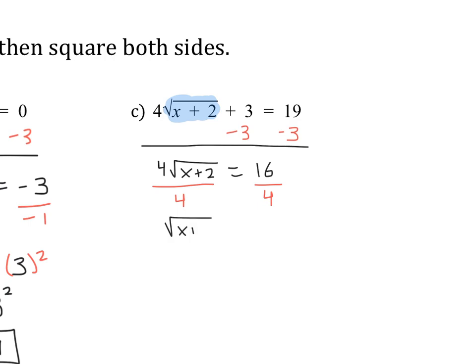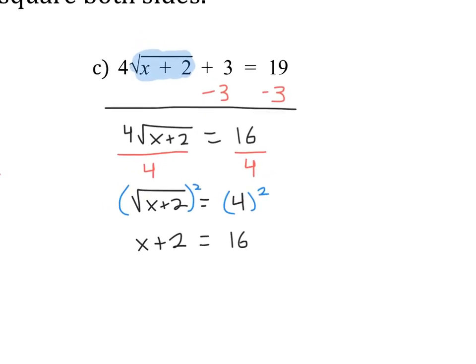Square root of x plus 2 equals 4. Now my square root is isolated, so I'm ready to square both sides, and that will make my square root sign disappear, leaving me with x plus 2 equals 4 squared, which is 16. But of course, I want x to be completely alone, so I do have one more step in this case. The inverse of addition is subtraction. So we get x equals 14.